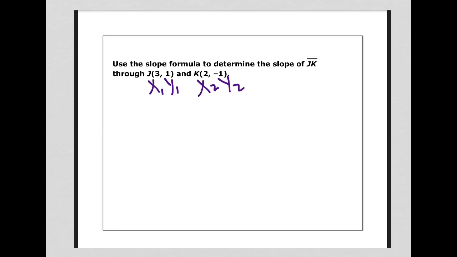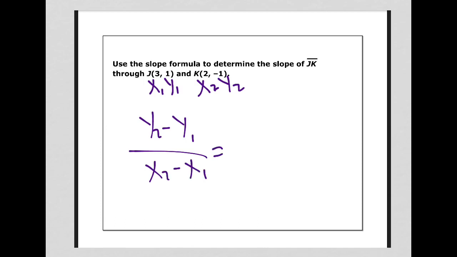So you'll just use the first point as your x1, y1, the second point as your x2, y2, not trying to be tricky. So we'll take our slope formula. Okay, so our actual slope formula says y2 minus y1 over x2 minus x1.